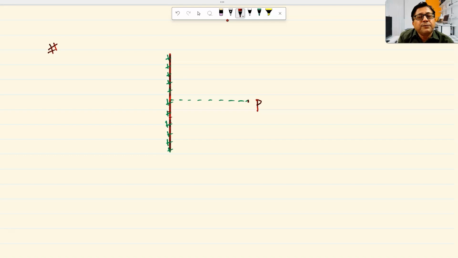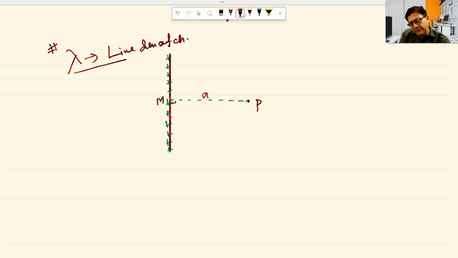This is the point. From P you have drawn a perpendicular. Here this rod has a line density of charge lambda. You want to find the electric field at a distance a from the rod. So from the point P where you want to find the electric field, you draw a perpendicular. PM is the perpendicular. Now, the angular position of the points of the rod is changing.